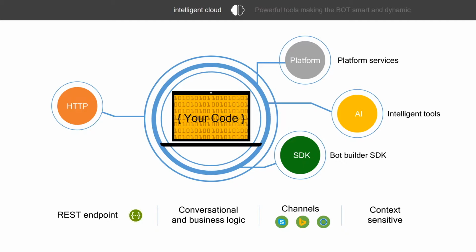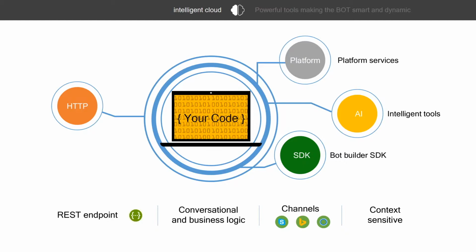Now, luckily, you're not on your own when you're writing your bot in code. You can use all kinds of services to enhance your bot any which way you want. For example, platform services like Bing APIs, to do spell checking or to do searches in documents. Intelligence tools, and in a moment you'll see an example of a bot which is using the language understanding and intelligence service.